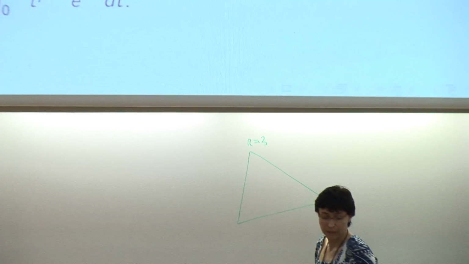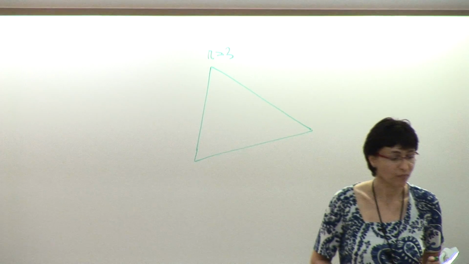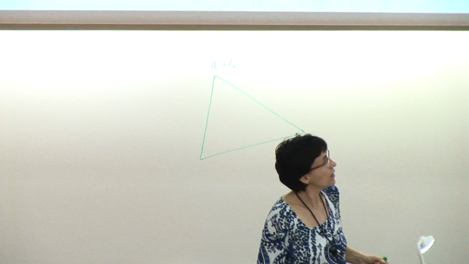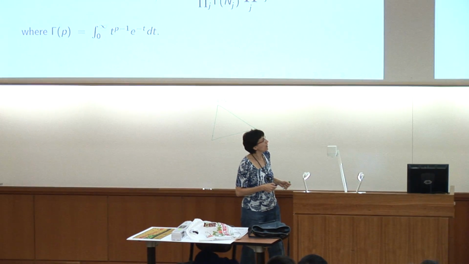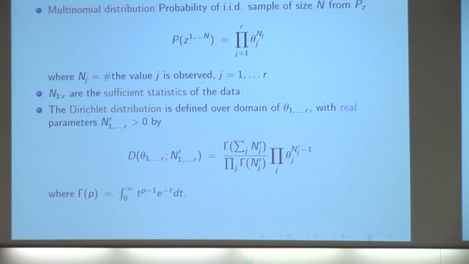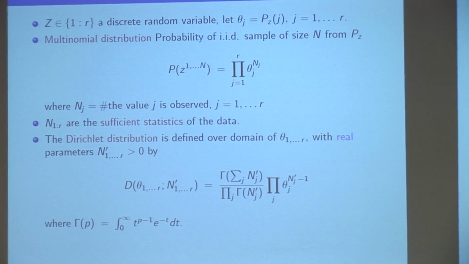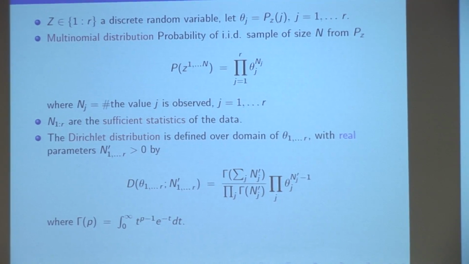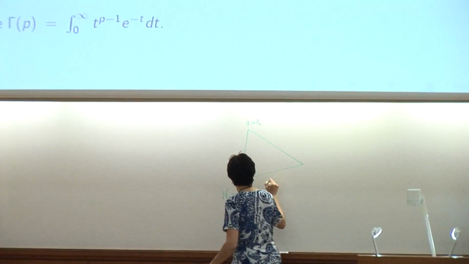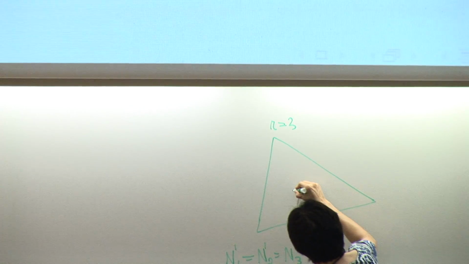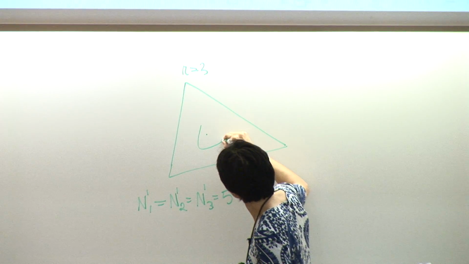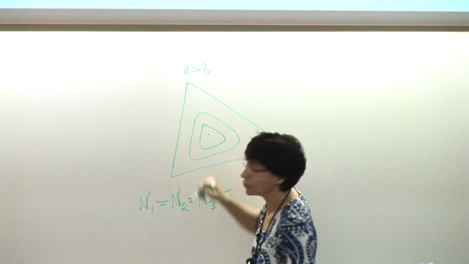It has a peak, and the peak, I think you probably guessed what it is. The peak is at the place where it's at a probability that's proportional to the n primes. So supposing that n prime 1 is equal to n prime 2 is equal to n prime 3 and is equal to 5, the peak is here in the middle. And the distribution decreases. These would be the level curves towards the border.